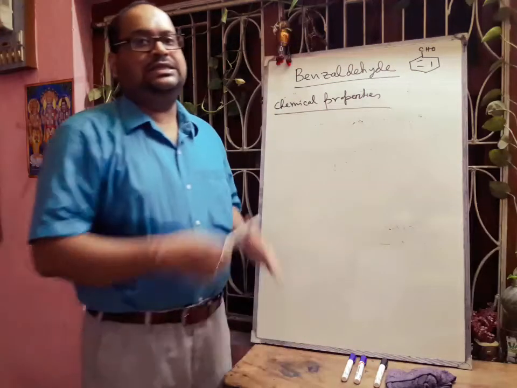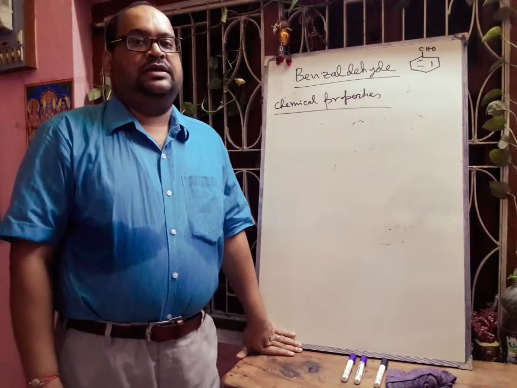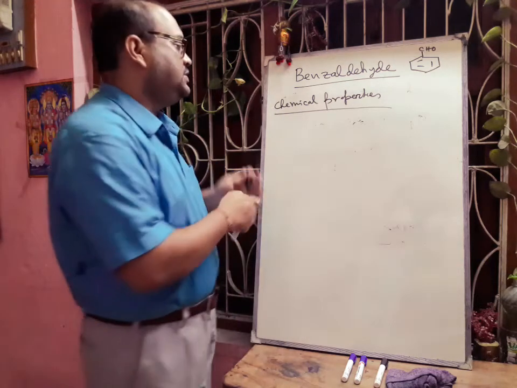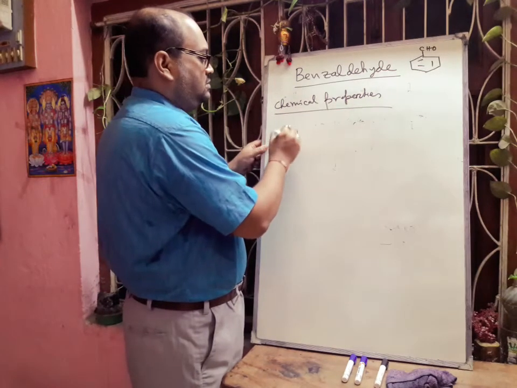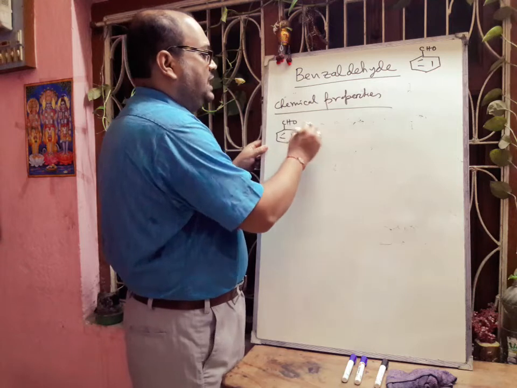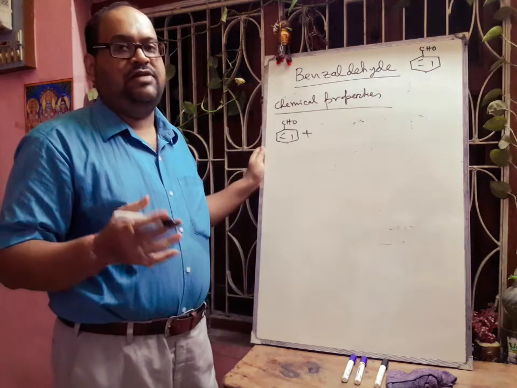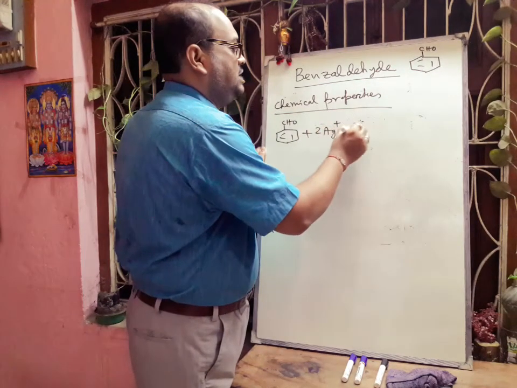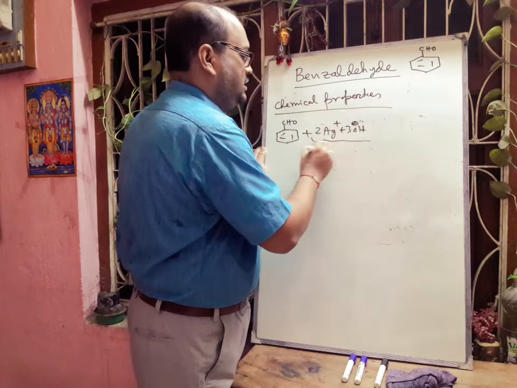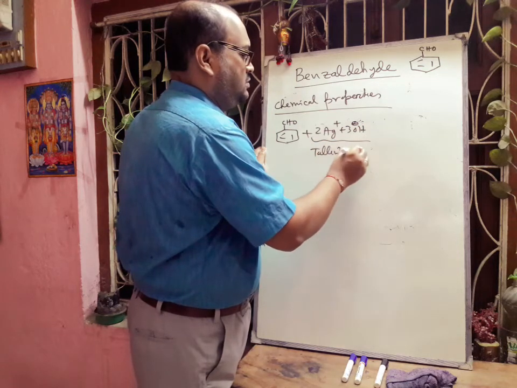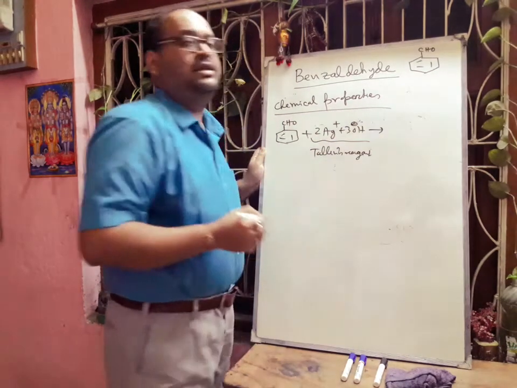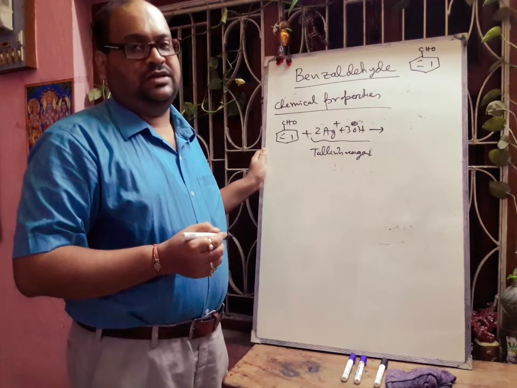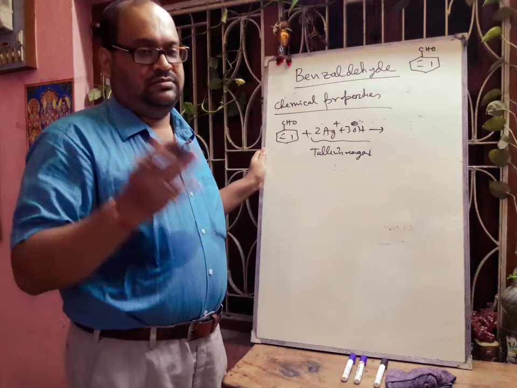Next we will discuss the reduction property. As there is the CHO functional group, benzaldehyde will respond to the Tollens test. If we take benzaldehyde and add the Tollens reagent, we have already discussed how Tollens reagent is prepared, this 2Ag+ 3OH-, this is the Tollens reagent. Then there will be formation of silver deposition on the wall of the test tube.